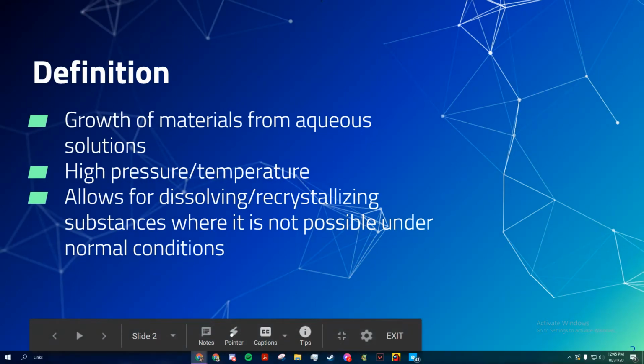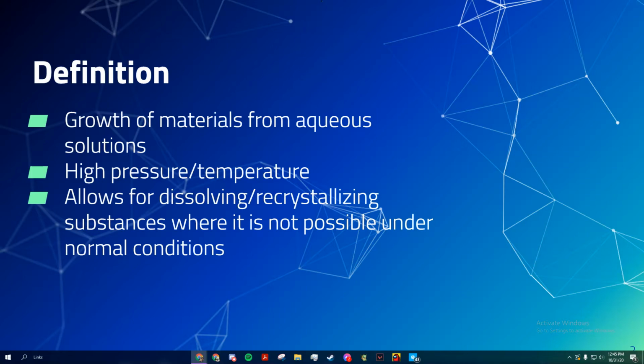So, by definition, hydrothermal synthesis is a technique that involves the growth of materials from aqueous solutions at an elevated temperature and pressure. In this context, aqueous solutions are solutions that are generally in the liquid state, and are going to be used to grow these materials.